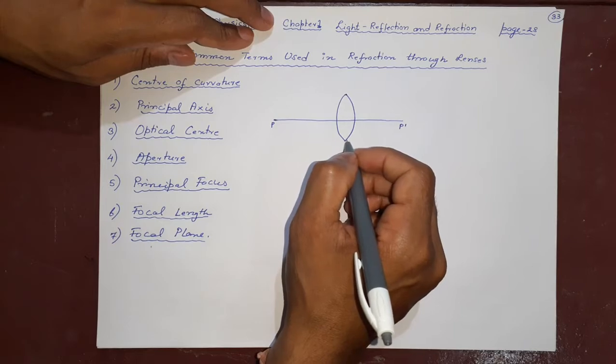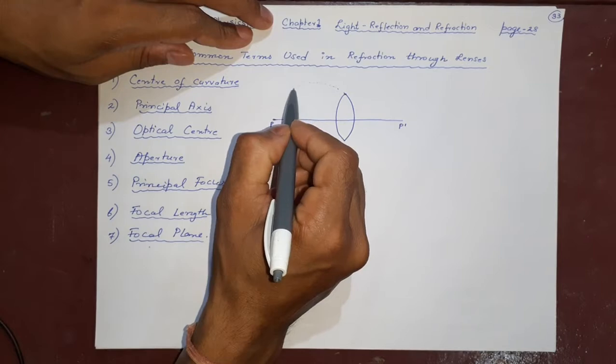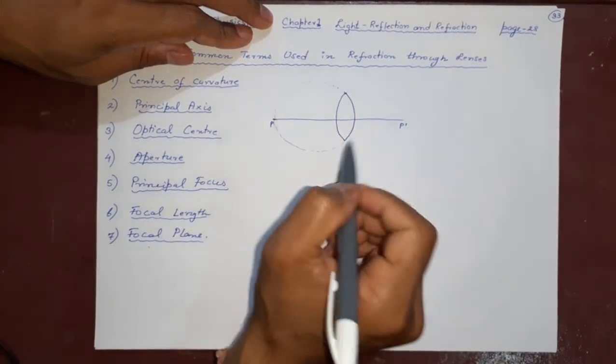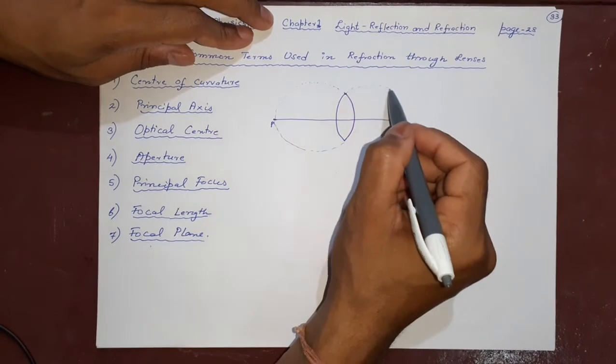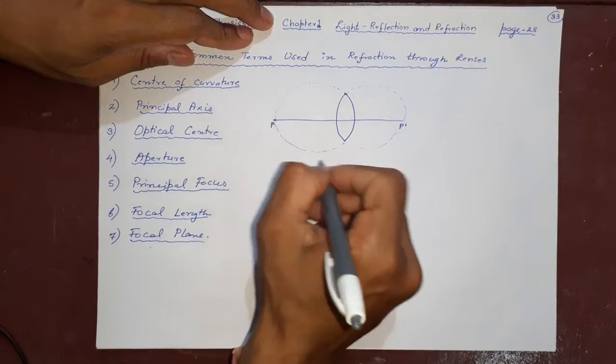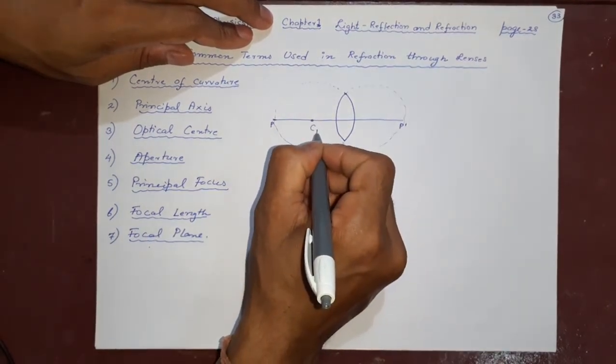And this is the lens. What is the meaning of center of curvature? Suppose this was a circle, a sphere actually, the ball. Similarly this side also. For this face, if this is the center, we call it C1.